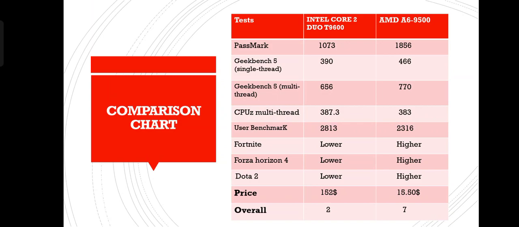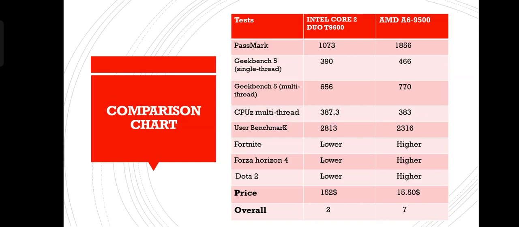In Geekbench, also AMD, both single core and multi-core. In CPU-Z, in the trial that I have conducted, the Intel Core 2 Duo T9600 has a higher score, but it is not that far from the score of the AMD.